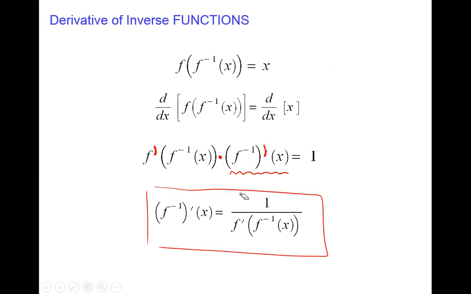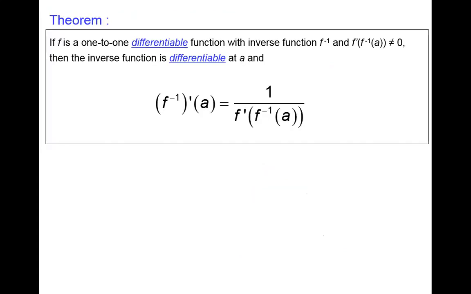But as I said, I need a specific point. So let's look at the formal statement. If the function is a one-to-one differentiable function whose inverse f inverse exists, and the denominator is not 0, then the inverse function is differentiable at the point a and has this formula: f inverse prime at a equals 1 over f prime of f inverse at a.